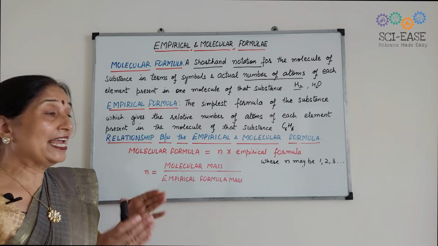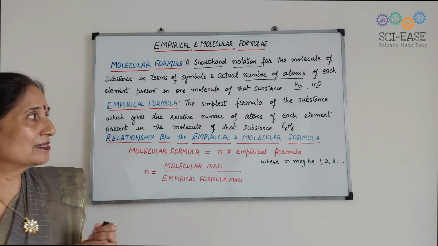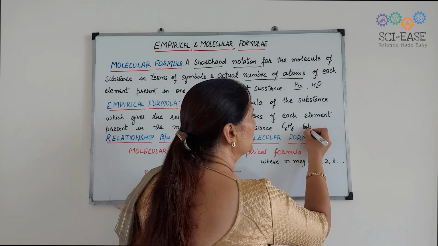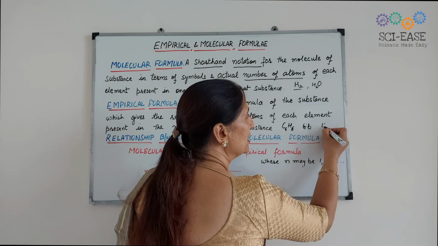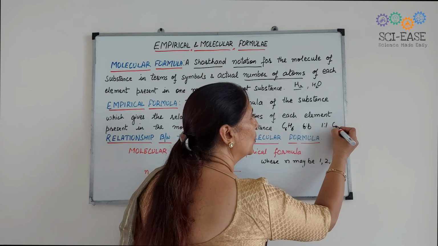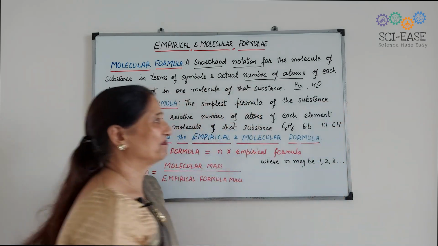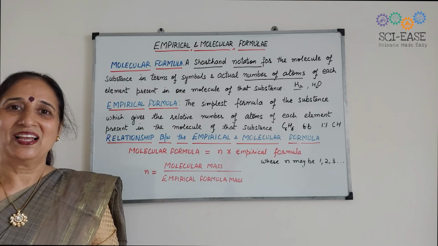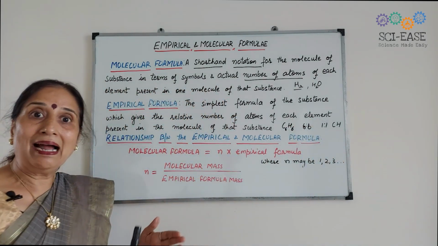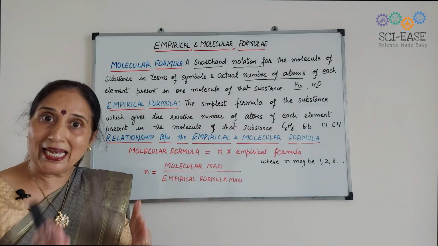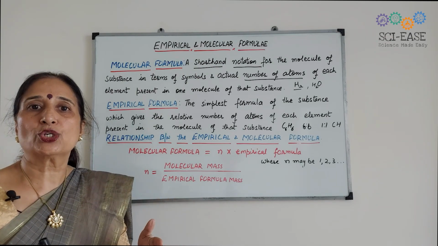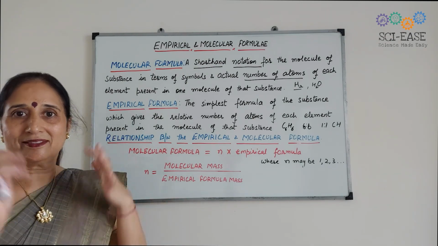But when we take the ratio of these two elements, that is 6:6, the simplest whole number ratio will come out to be 1:1. So the empirical formula for benzene is only CH. This will tell us that the two elements which are present in benzene are in the ratio of 1:1.